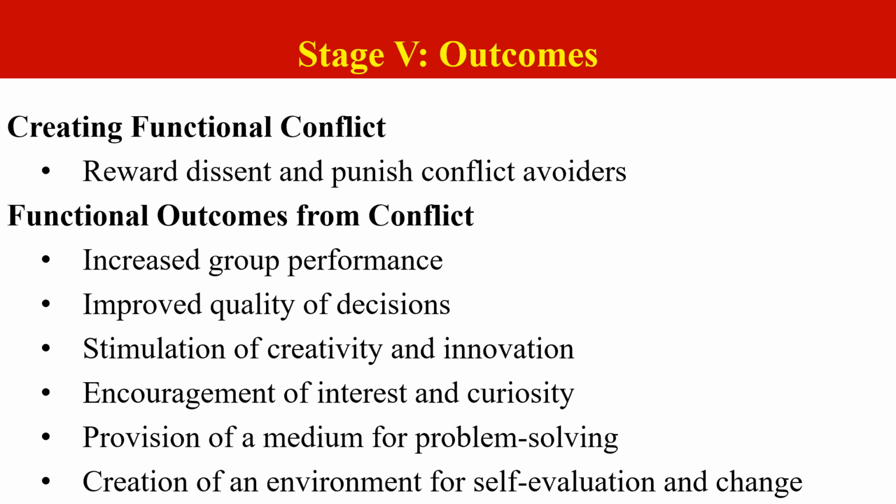Stage 5 is the final stage of conflict resolution, and it leads to outcomes or results by creating a functional conflict in the organization. As I discussed earlier, a functional conflict is necessary and is good for the organization. It leads to rewarding dissent and punishing conflict avoiders.